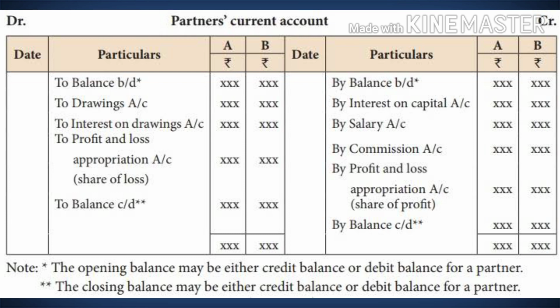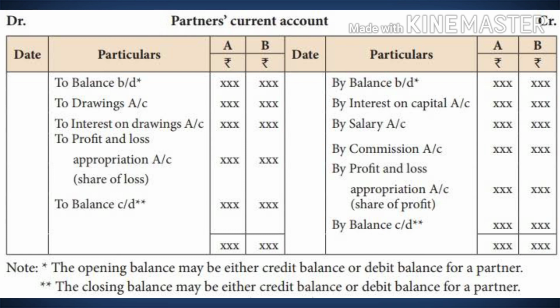The opening balance may be either a debit balance or a credit balance. If the opening balance is a credit balance, we will write by balance brought down in credit side. And if it is a debit balance, to balance brought down in the debit side.